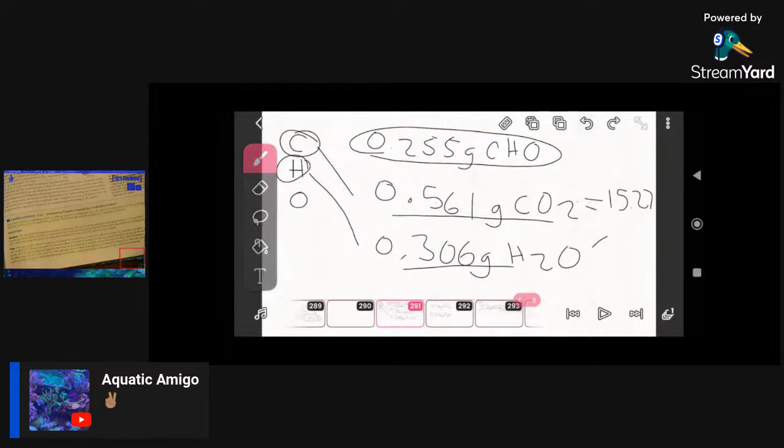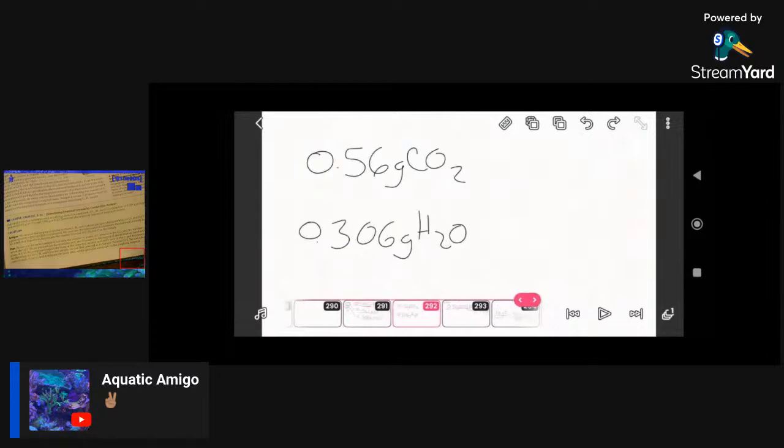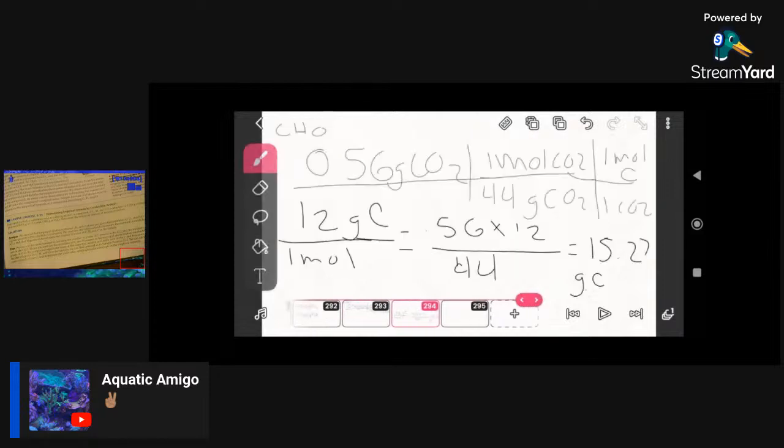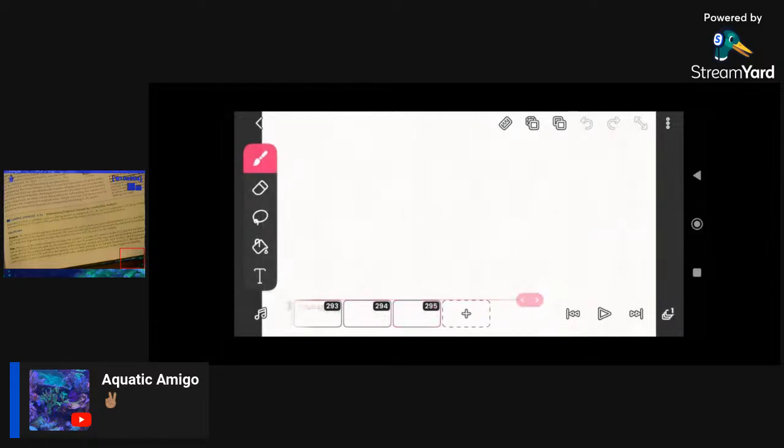All right, so now we got it. Solve for 0.306. What is it? 0.306.